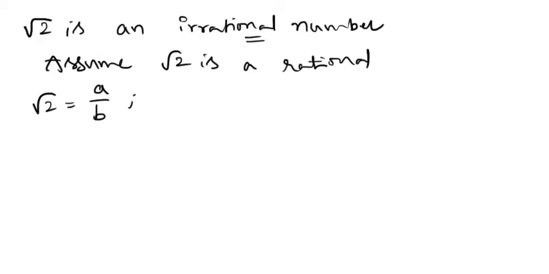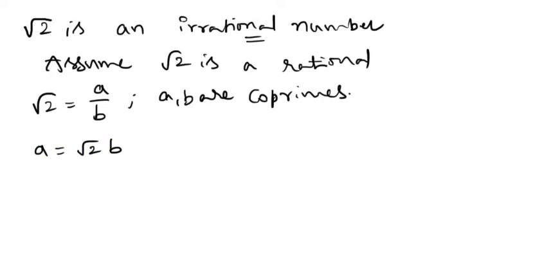That means the fraction A by B is in its least form. Now we can write this as A equal to root 2 B. If you square both sides, you will get A square is equal to 2B square.